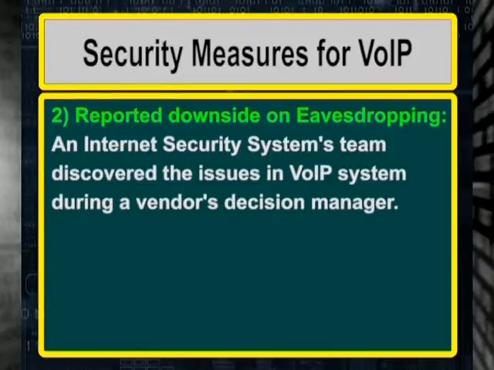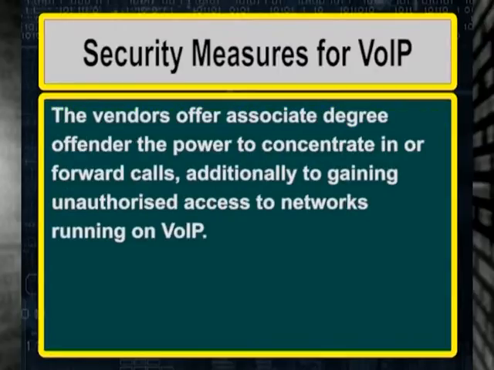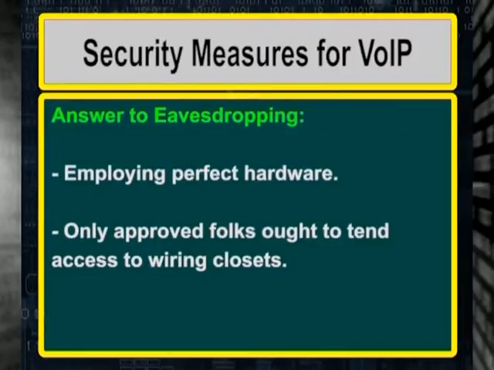Reported problem on eavesdropping. An Internet Security Systems team discovered issues in a VoIP system during a vendor's call manager. The vendors offer an offender the power to listen in on or forward calls, in addition to gaining unauthorized access to networks running on VoIP. Answer to eavesdropping. Employing proper hardware.